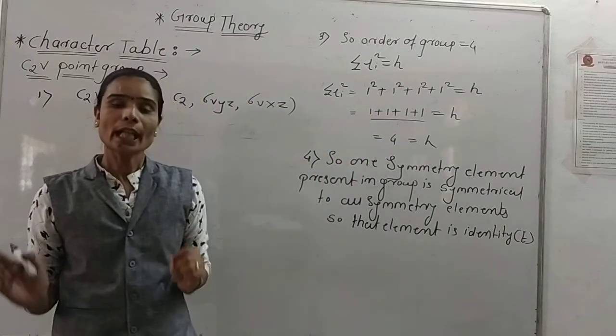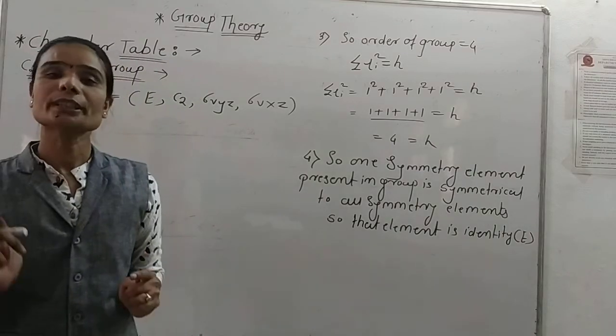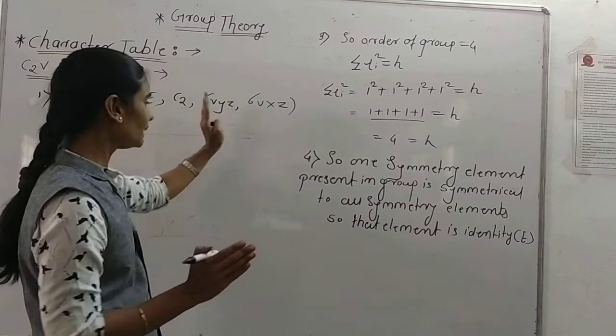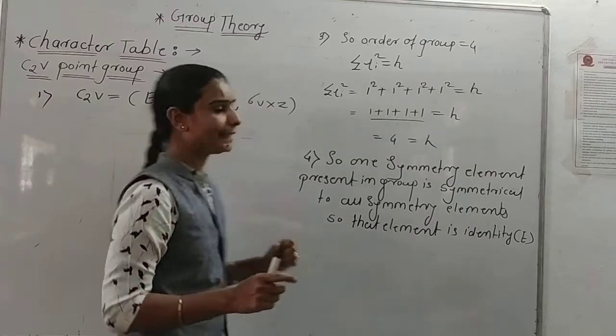And for every point group, there is one symmetry element which is symmetrical to all the symmetry elements present in the group, and that symmetry element is nothing but the identity.